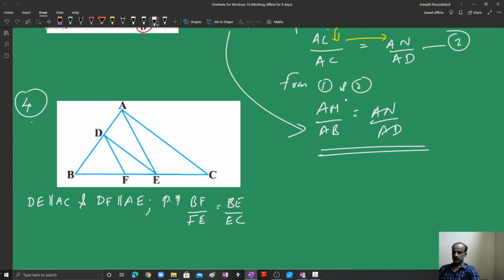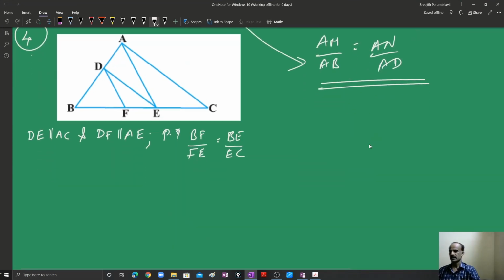Okay, so this is the given figure. In this figure, DE is parallel to AC. We'll remove something and see. So let us forget about DF.